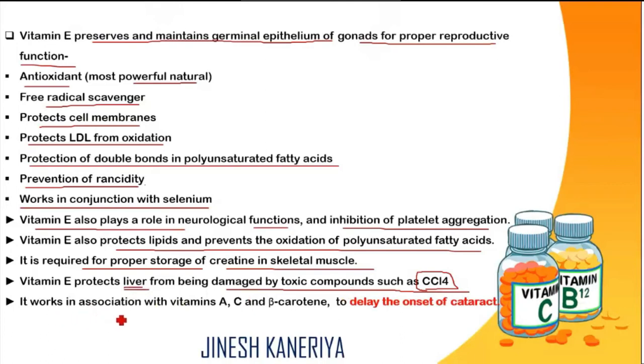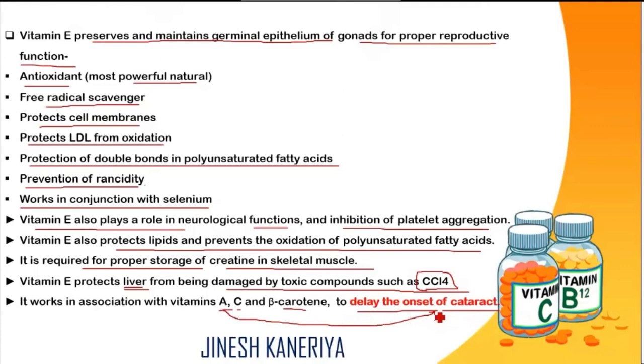It also works in association with vitamin A, C, and beta carotene to delay cataract activity, and it is an important part of delaying the onset of cataract formation, which is related to vitamin A deficiency. Vitamin A deficiency can cause eye-related disease and blindness.